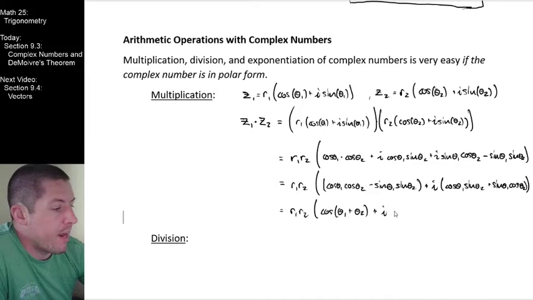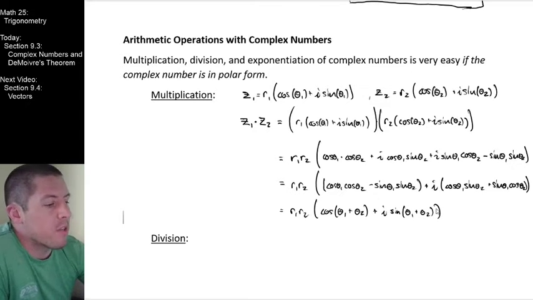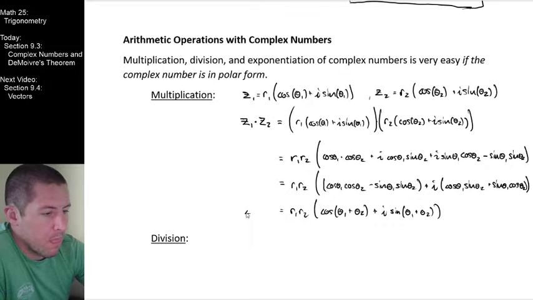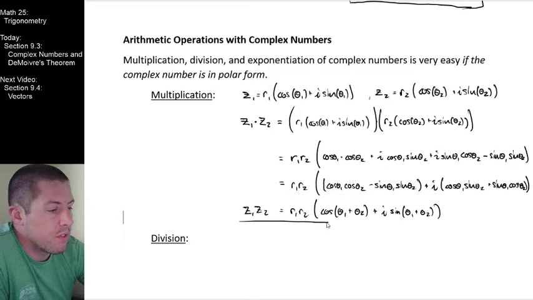So notice how, and I know that this looks like a lot because we're writing a lot right now, but stop and see this for the incredibly nice result that this is. This is why we like the polar form stuff so much.